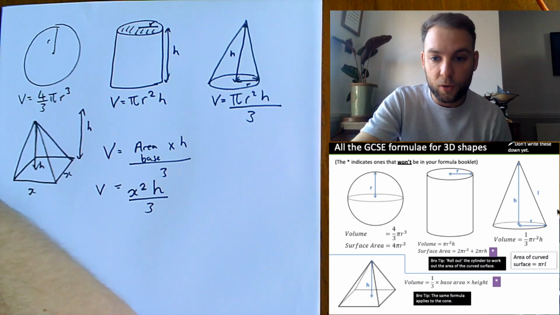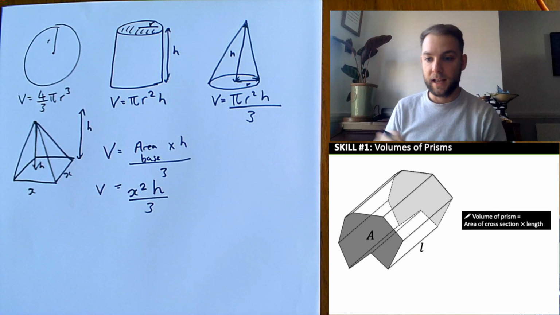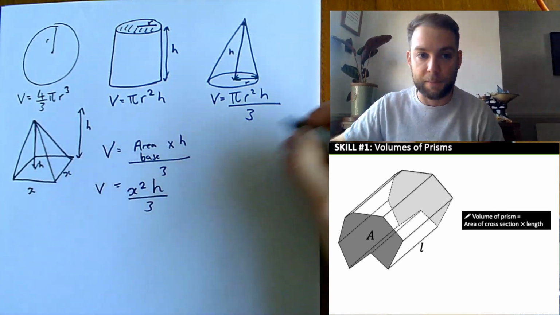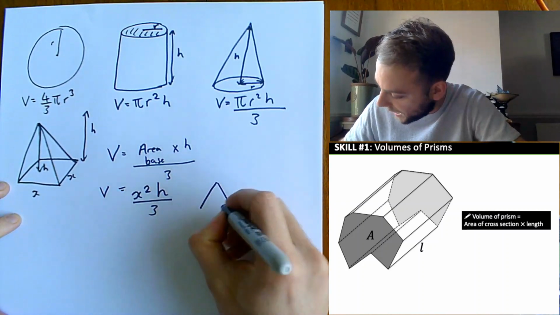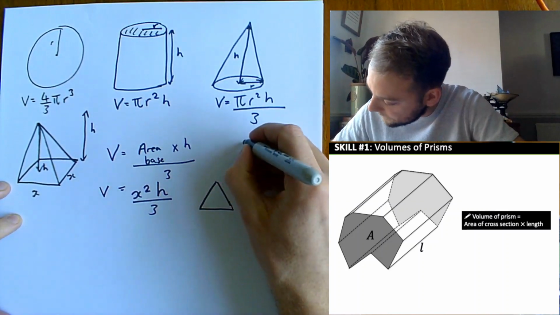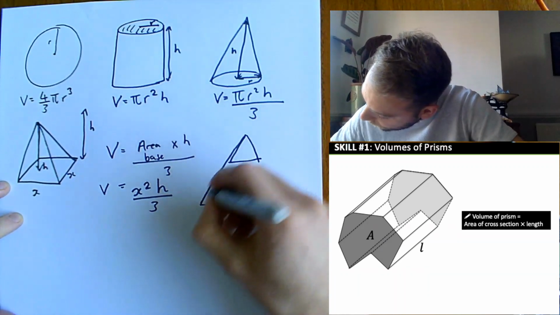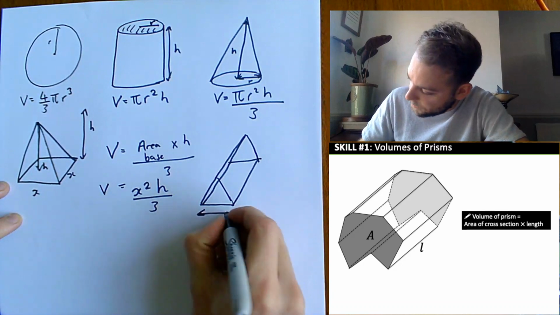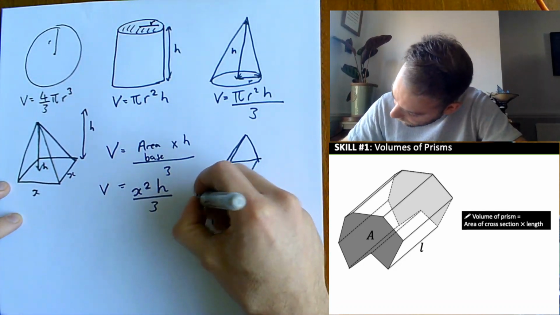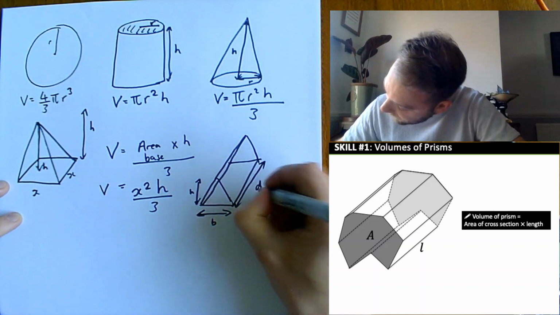We also have, on the next page, this one here, which is the volume of a prism: the cross-sectional area times by the depth. So this could be a triangular prism if you wanted it. Connect all those up, in which case this would be your base, this would be your height, and this one here is your depth.